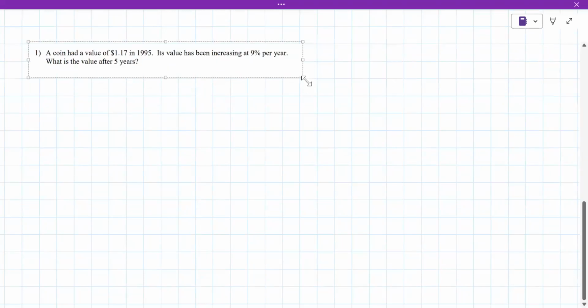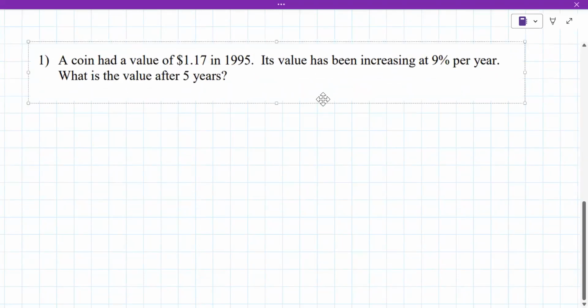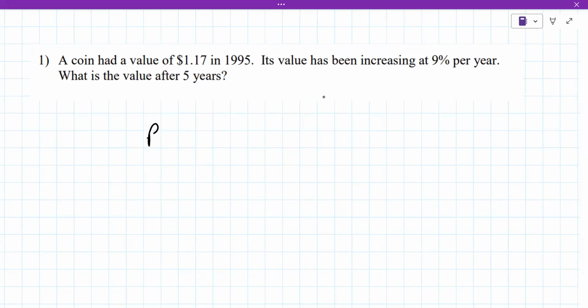All right, so here is an example problem for you to look at. In this problem, I want you to identify what P is, what R is, and what T is. P is 1.17. Okay, R is 9%, and T is 5.